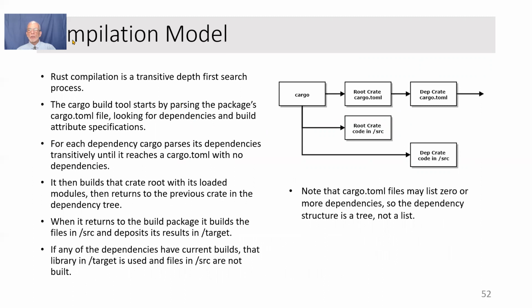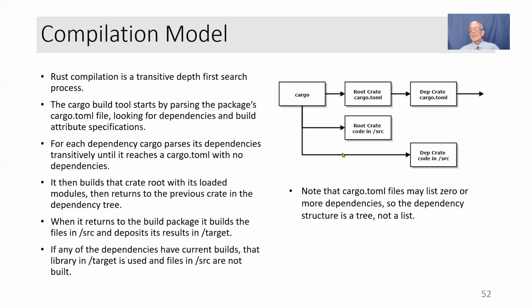Now let's turn a little bit to a model for the compilation of all this stuff. So here's Cargo, and it has built this crate, and it knows how to get to this root crate, Cargo.toml. If we're in a prompt in that directory, we just say cargo build, then it parses this Cargo.toml file to find its dependencies, and those dependencies branch out into a dependency tree.